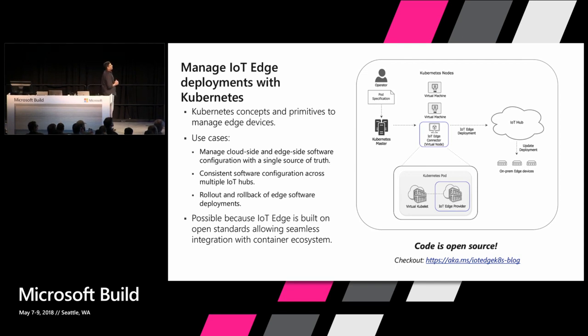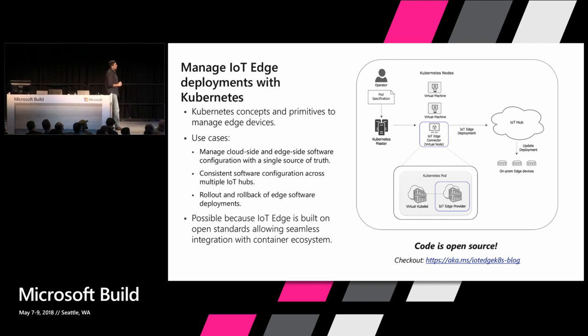So today, I would like to show you how you can use Kubernetes concepts and primitives to do Azure IoT Edge deployments. To be clear, we're not talking about high availability or disaster recovery today. HA and DR are on our roadmap. But what we're really talking about is how you can use the power of Kubernetes to actually deploy software on your edge devices.